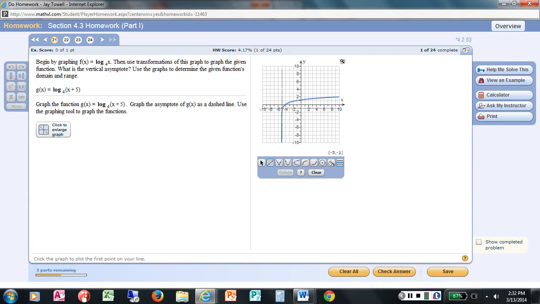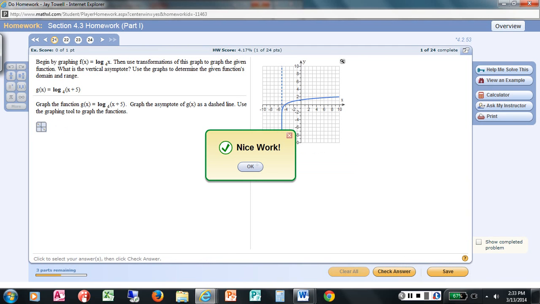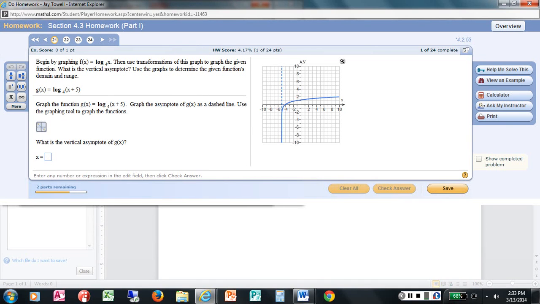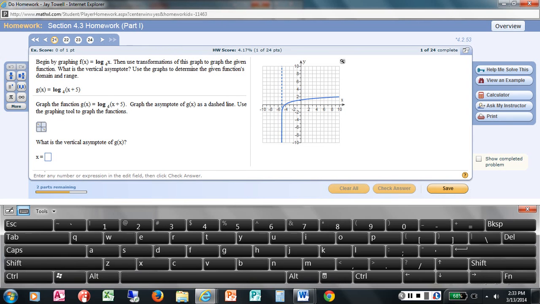And the way you just put it in at -5 is put a point there somewhere at x equals -5, and then put another point on the x equals -5 line there. And then that puts in the asymptote. And we should be able to check that answer, and sure enough that is correct. And so yeah, the vertical asymptote is x equals -5. So you can input that in and finish it up.